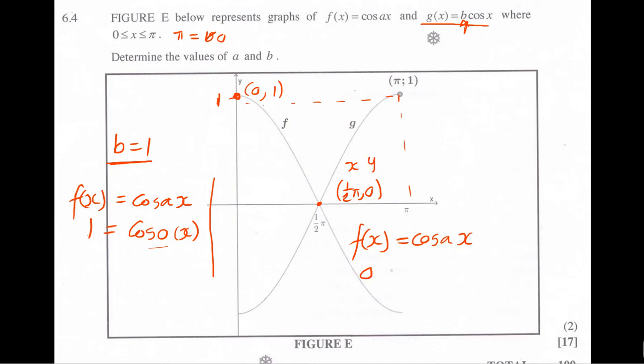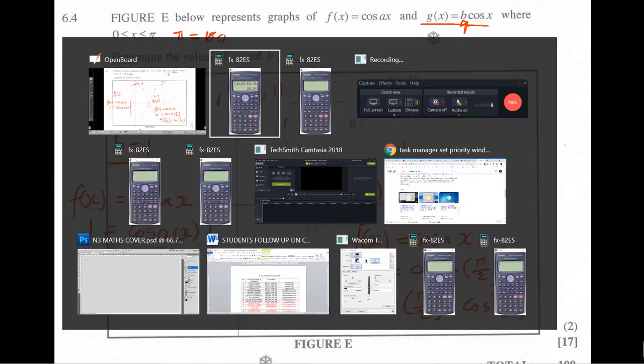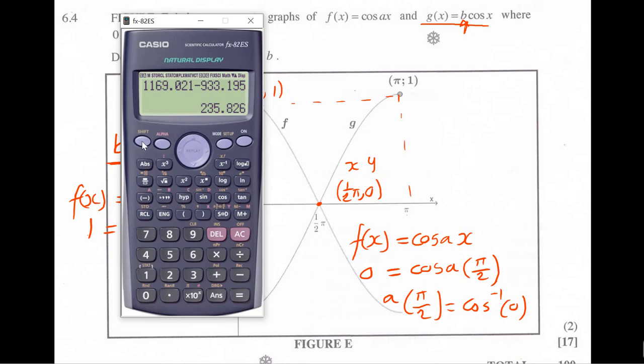So here you have got 0 is equal to cos a, and your x there, remember, is pi over 2. So now the next thing that you need to do there is to find a pi over 2 is equal to arc cos 0. And arc cos 0, if you take a calculator, shift arc cos 0 is equal to 90 degrees.